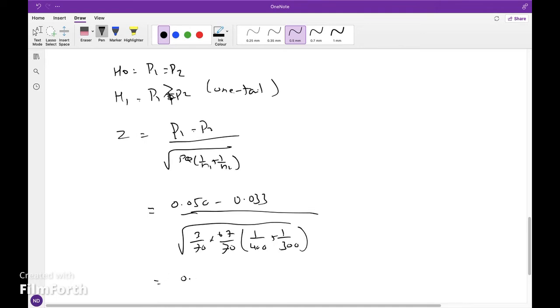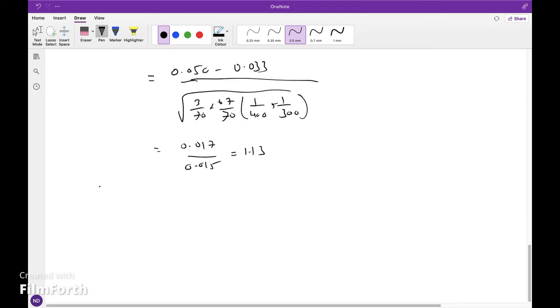Using a calculator, 0.017 by 0.015, that value is 1.13. The table value at 5% level of significance, one-tailed, is 1.645.